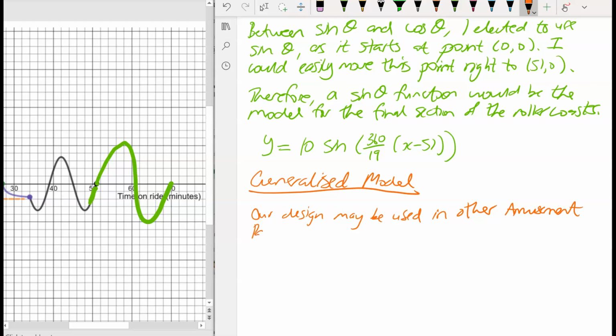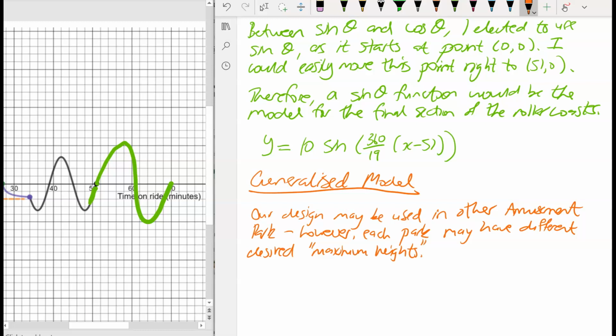So again, just adding in the context. However, each park may have different desired "maximum heights". I'm putting maximum heights in quote marks because that's alluding to the variable that I'm looking to define.